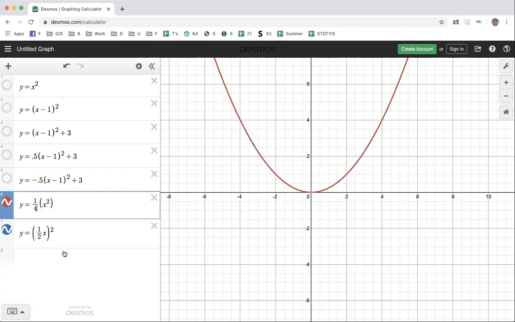So here's the idea. This one has a coefficient in front. So we said that's a vertical shrink in this case, because it's less than 1.